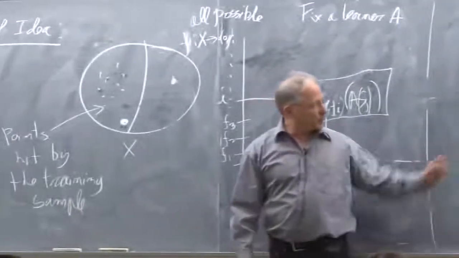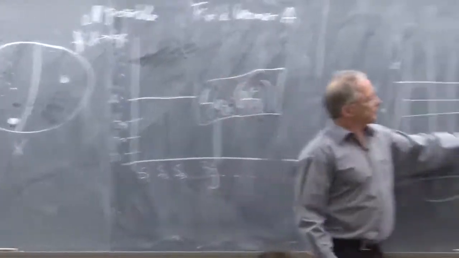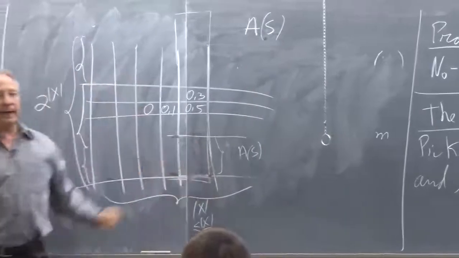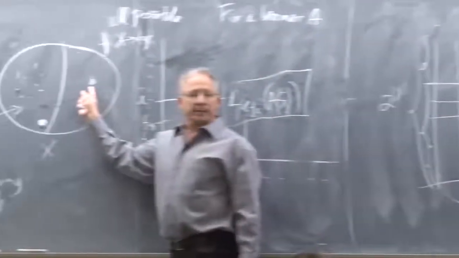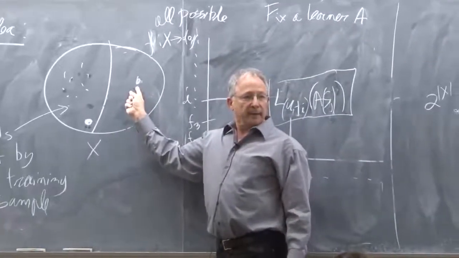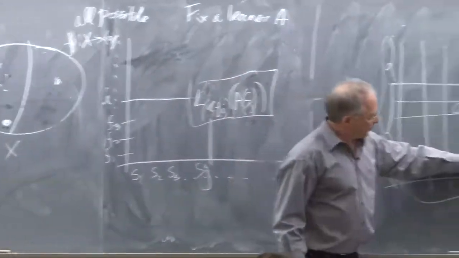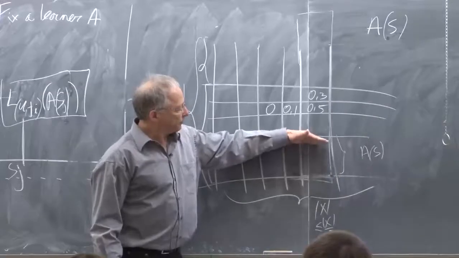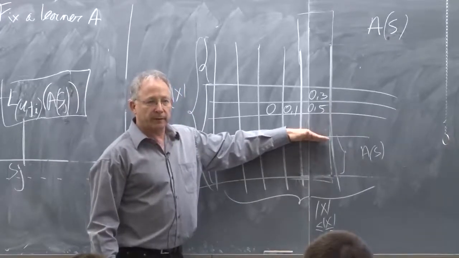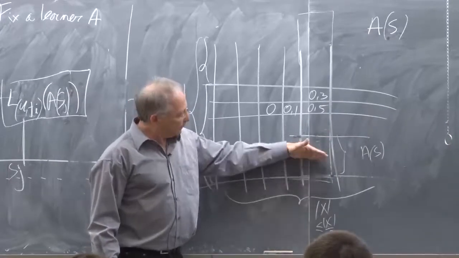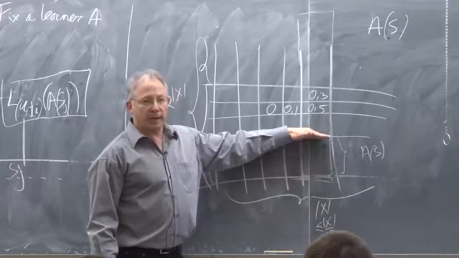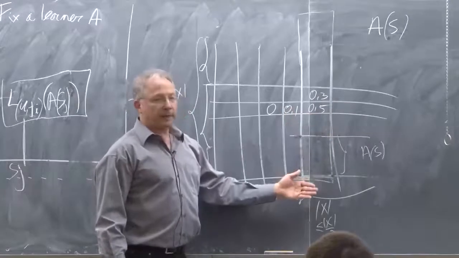All the functions give me the same labeling for S. With probability half, a test point will be outside this S. And half of the functions here will agree with my prediction A of S, and half of the functions will disagree. When they agree, I get error 0. When they disagree, I get error 1. This will happen half the time.